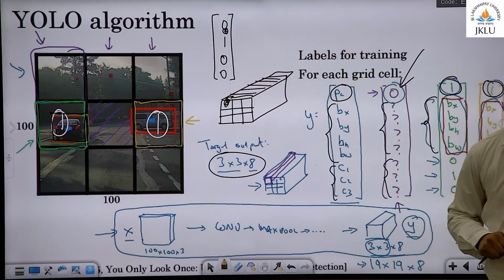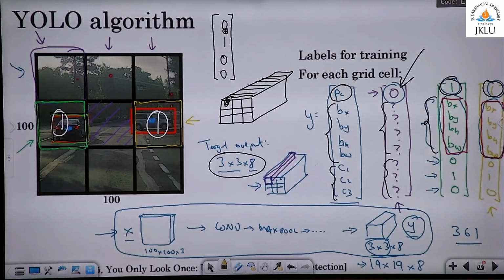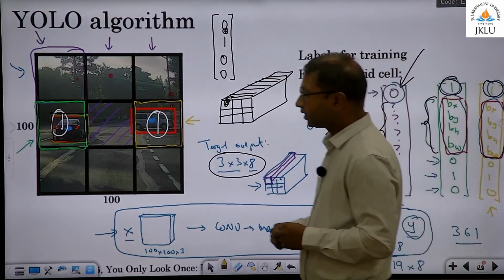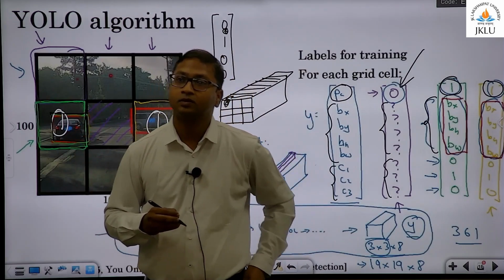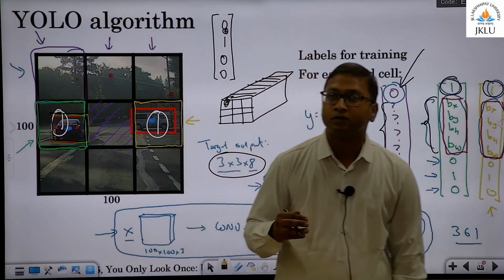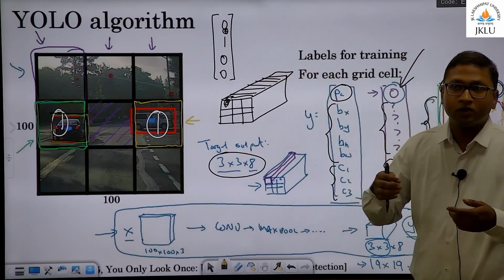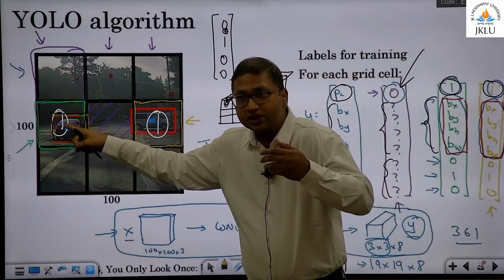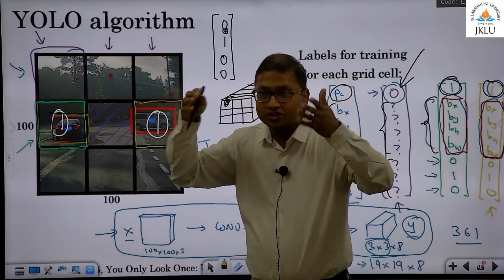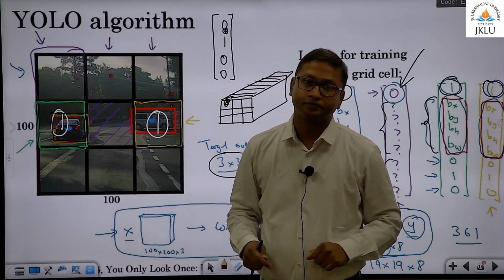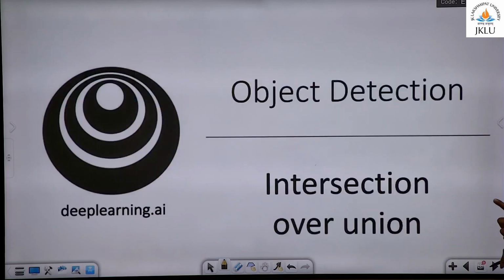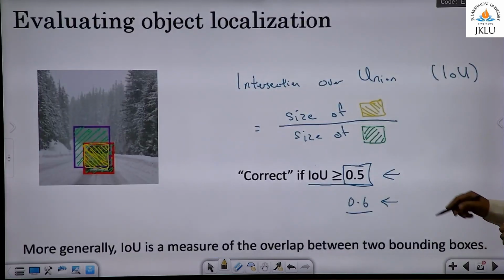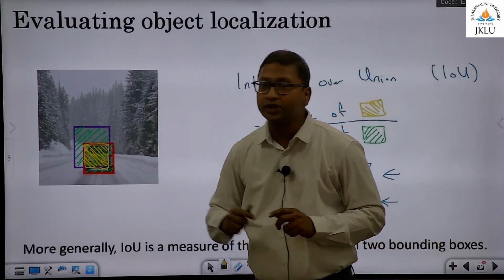At test time, what will you do? So at test time, if you have multiple bounding boxes, right? So the algorithm is looking at multiple bounding boxes for the same object. And there are other reasons too. So we'll come to that. So what is this intersection over union?